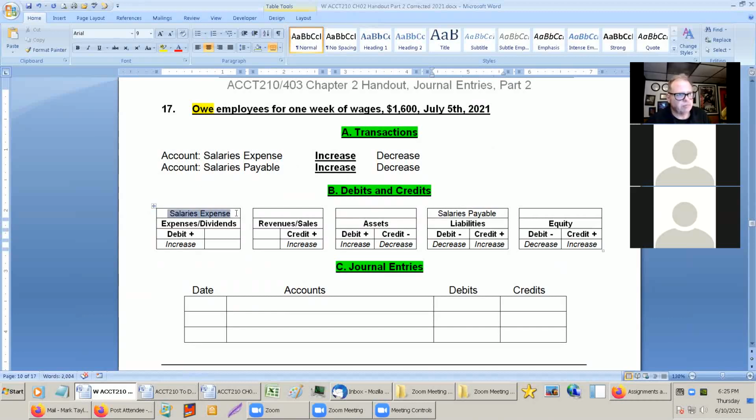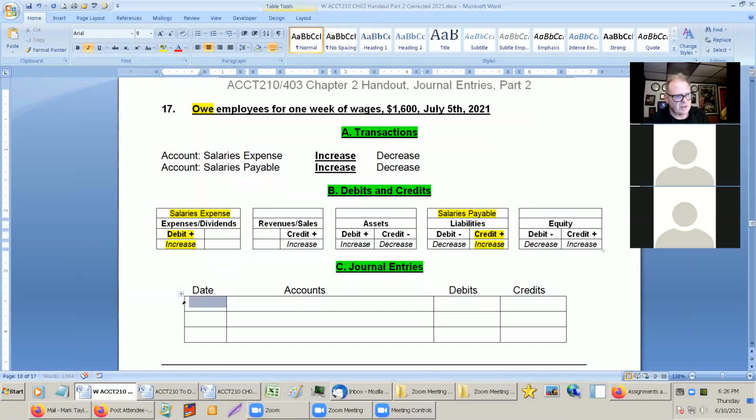And again, the nice thing about expenses for doing journal entries is that there's only one choice, right? Salaries payable is going up, so that'll be a credit.